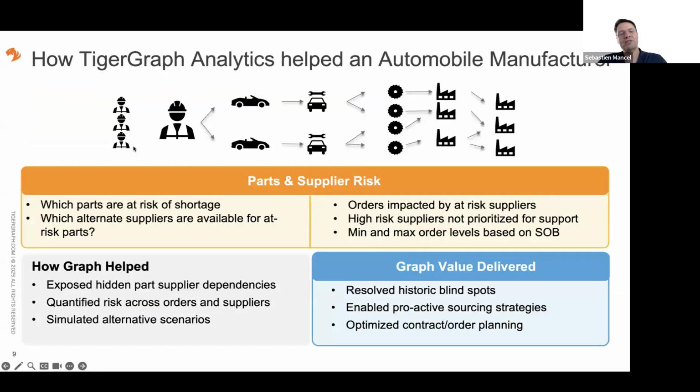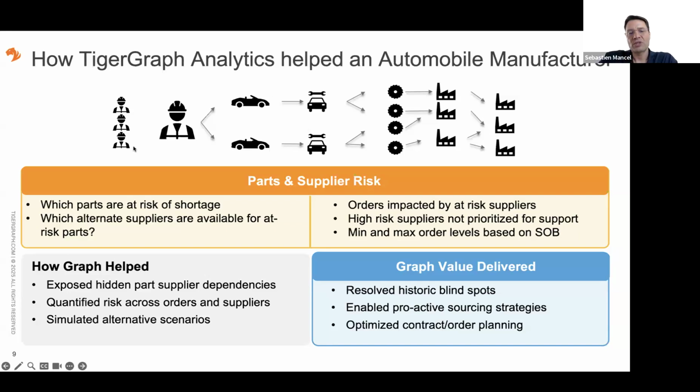All right, so now let's look at real life customer examples. So in this case, we're looking at an automobile manufacturer who's facing supply chain risks. Like many manufacturers, this company was dealing with increasingly complex supplier networks where certain parts were at risk of shortage, and they needed to quickly identify which alternate supplier could fulfill these parts.